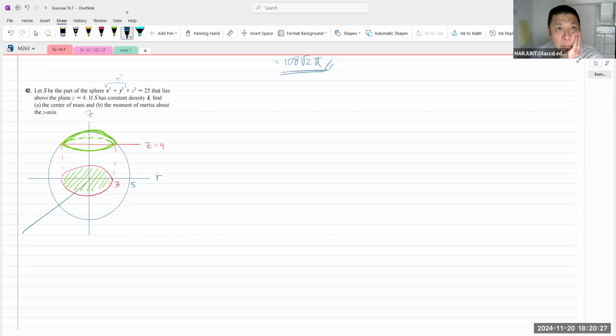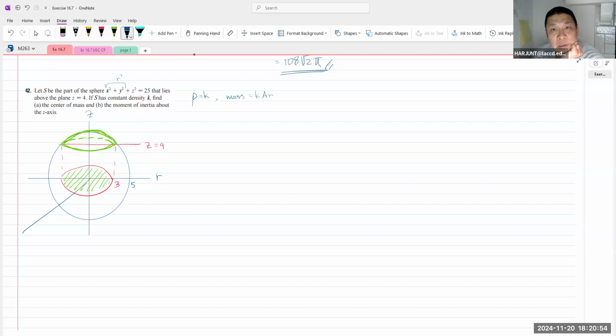Okay, so we need to find the center of mass. We need to find the mass first then. Because the density is constant, the mass will be the constant multiple of the area, because it's a two-dimensional surface.